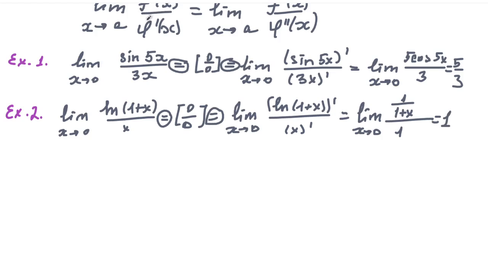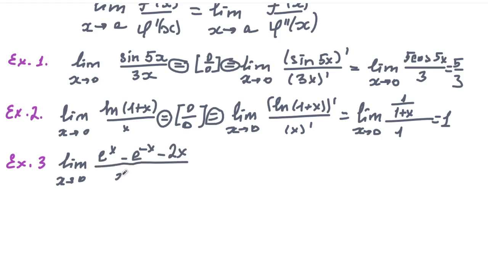Next example, example 3. We find the limit as x approaches 0 of e to the power of x minus e to the power of minus x minus 2x over x minus sine of x.